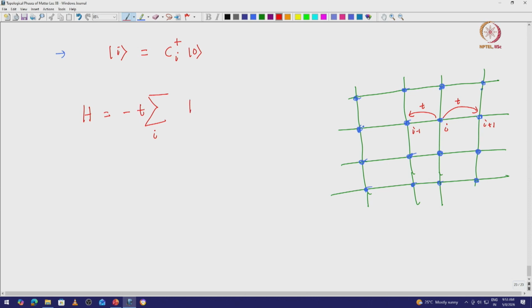Okay. So, we have some t hopping going from site i, destroying at site i and going to site i plus 1, and destroying at site i going to site i minus 1. So, generally these two are Hermitian conjugates.